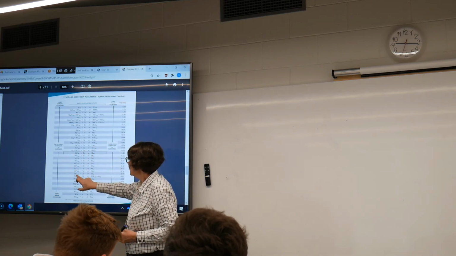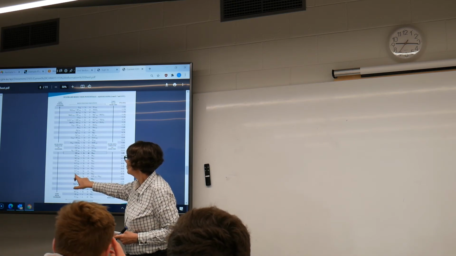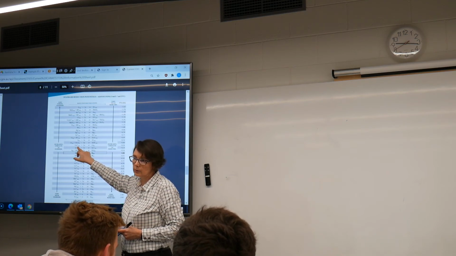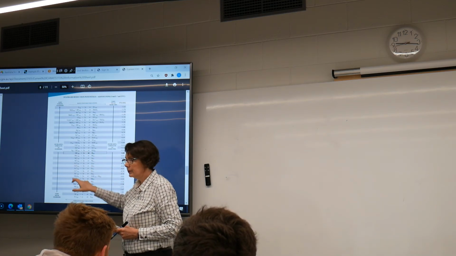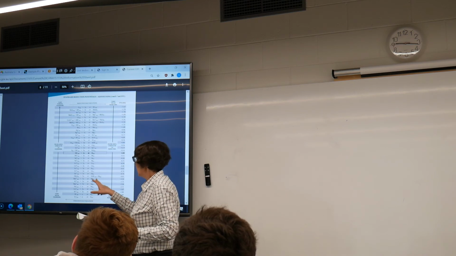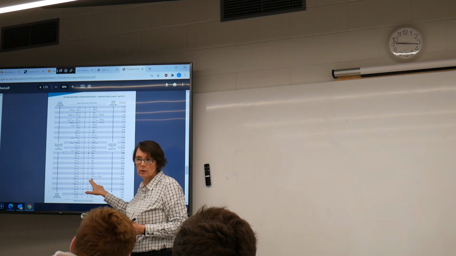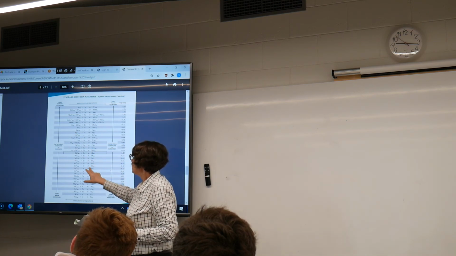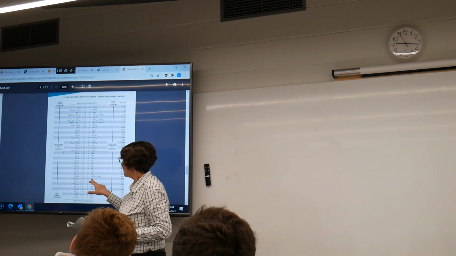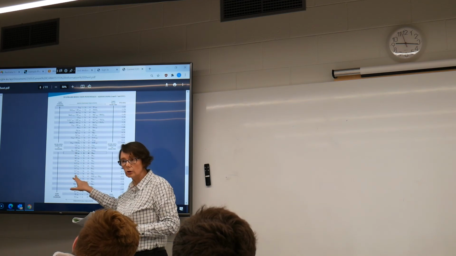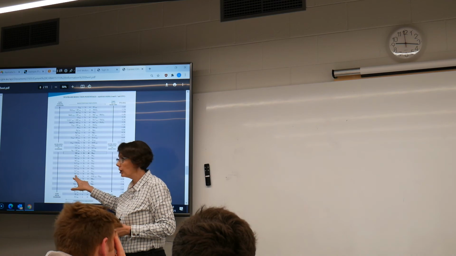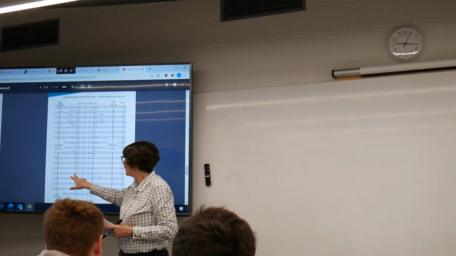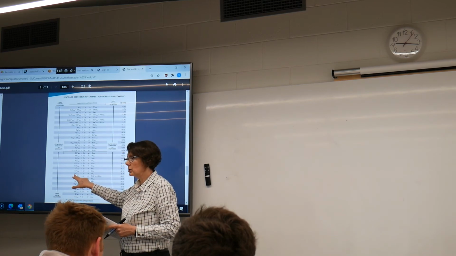But the zinc 2+ ion is a much weaker oxidizer than the Cu 2+ ion, so there's no spontaneous reaction with the zinc ions. And for the zinc metal, the mercury ion is a much stronger oxidizer than the zinc 2+ ion, therefore a spontaneous reaction will occur. The copper 2+ ion is also a stronger oxidizer than the zinc 2+ ion, and so a reaction will occur there as well.